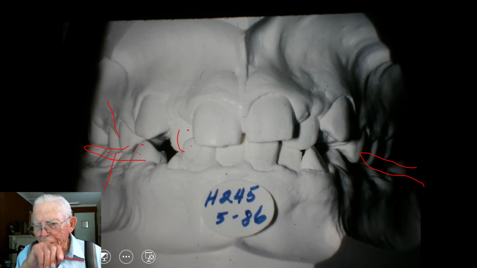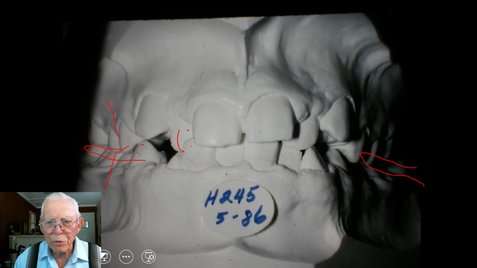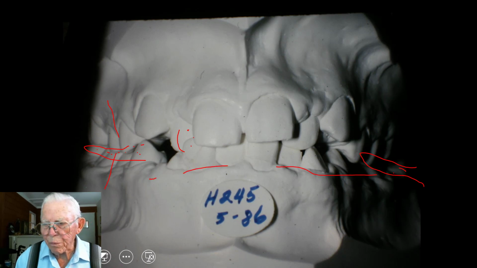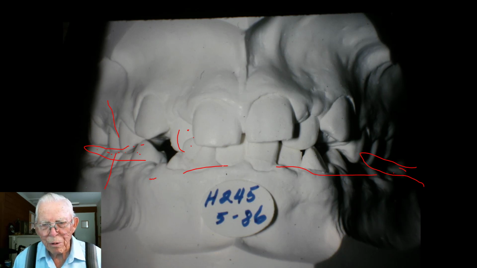If you have a TMJ problem or something of that nature, this lets your jaw be free and frees up the jaw back there. And the TMJ problem tends to go away when you get the condyle off of the retrodiscal tissue back here. Just all kinds of problems come up.